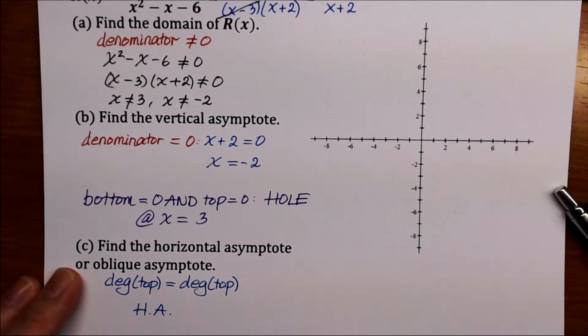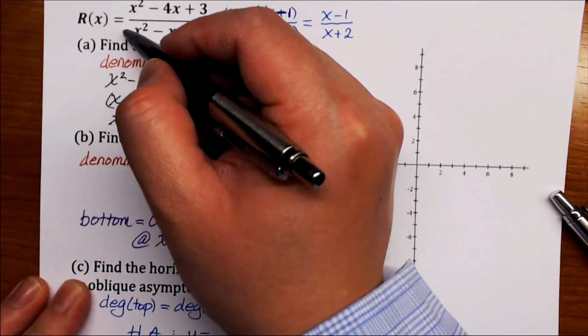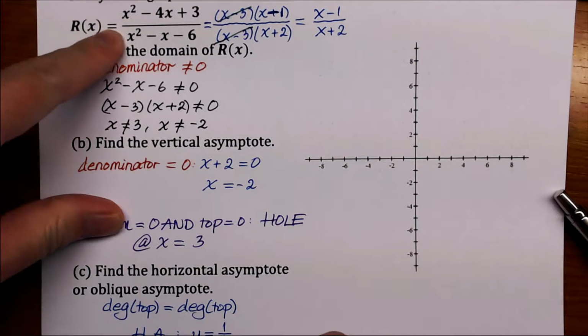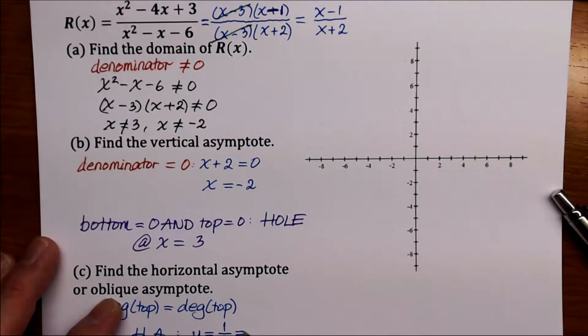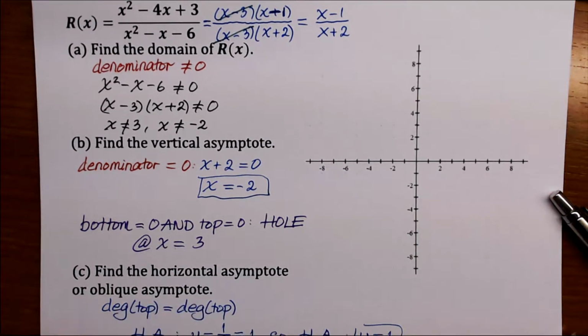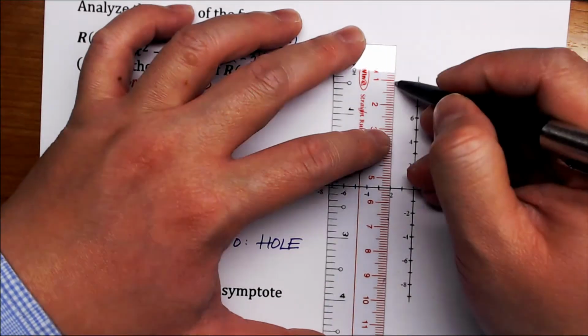So in the case where we have the bottom equal to 0 and the top also equal to 0, in that case we will have a hole on the graph. So the bottom equal to 0 and the top equal to 0 when x equal to 3. So we will have a hole on the graph at x equal to 3. We'll keep that in mind.